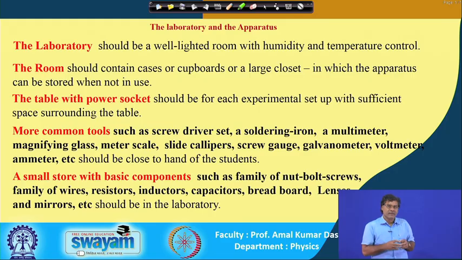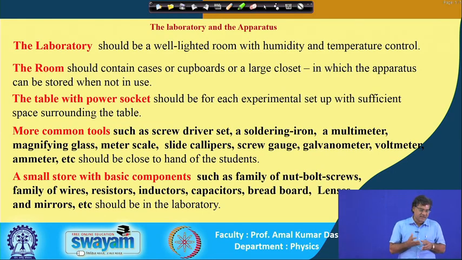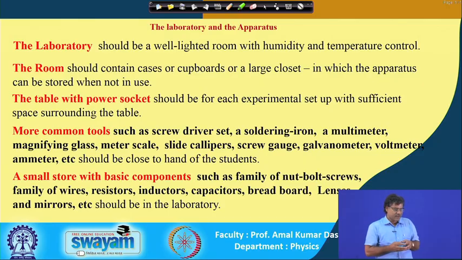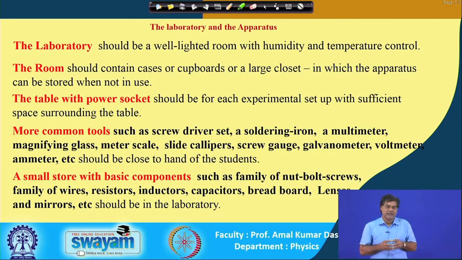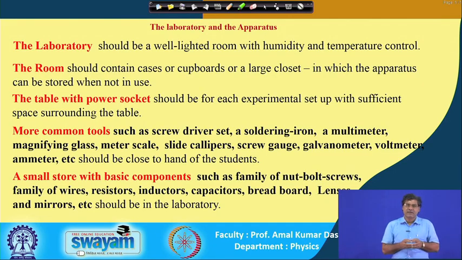And then there should be a small store with basic components such as a family of nuts, bolts, screws, a family of wires, resistors, inductors, capacitors, breadboards, lenses and mirrors, etc. Various kinds of these components should always be in the laboratory, because these are small components you may need at any time, and they should be available to you.